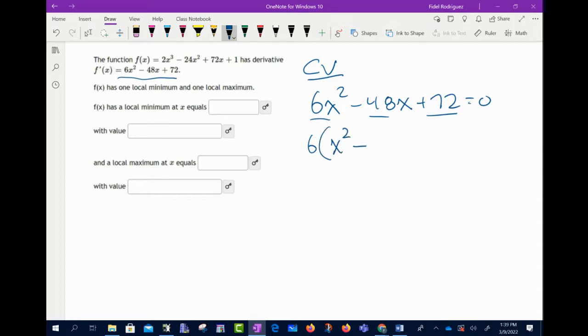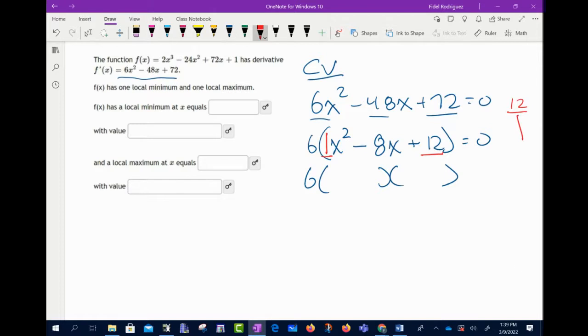So 6 out of 6x squared is x squared. 6 goes into 48 8 times. 6 goes into 72 12 times. Okay. So y'all, again, we should be able to factor this one here, easy breezy, cover girl. So look, I multiply 1 times 12. That leaves me with the 12.